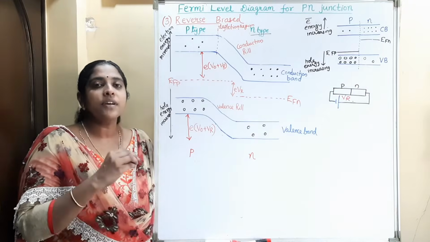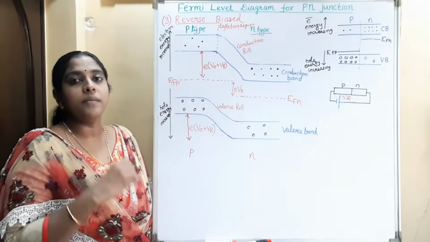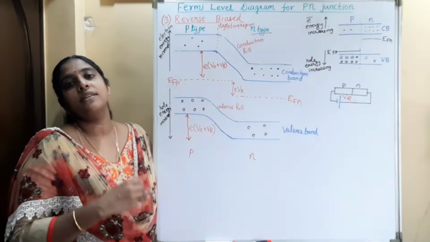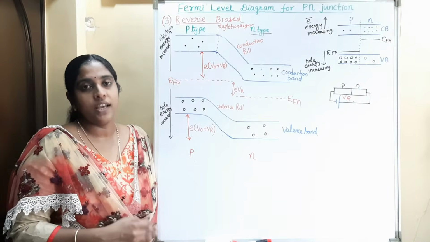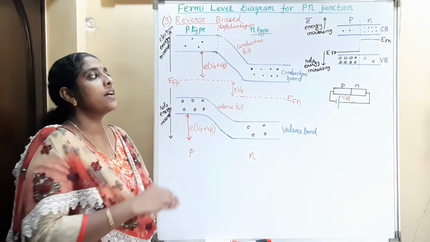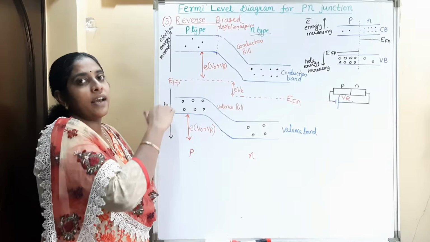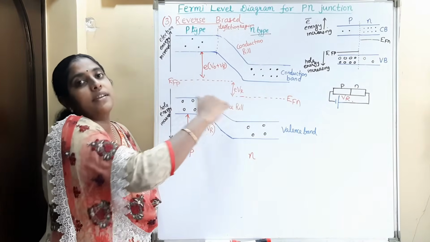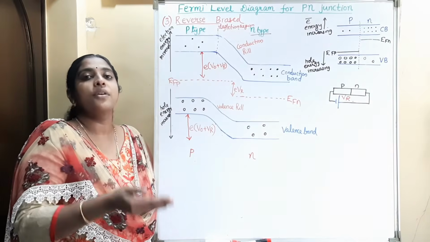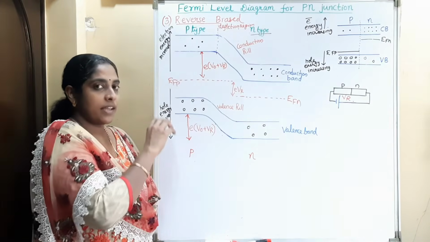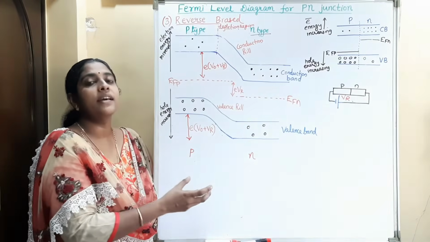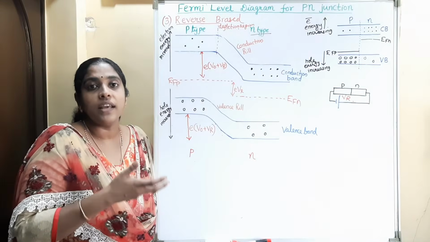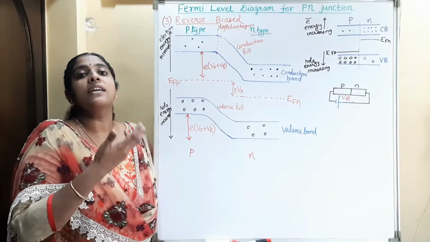So we have seen the Fermi level diagram of unbiased, forward biased and reverse biased PN junctions. In an unbiased PN junction, the Fermi levels on the N side and P side come to the same level in order to attain equilibrium. During forward biasing, on the N side and the P side, the major charge carrier energy is increasing.